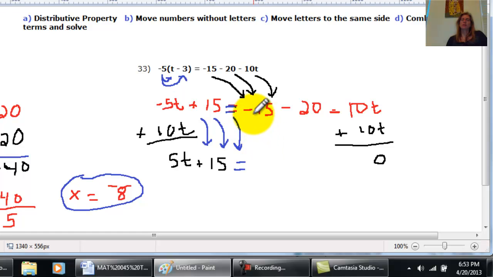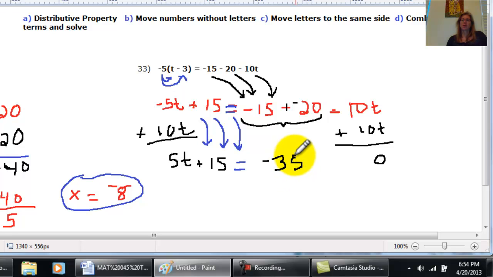And before I go ahead and write negative 15 minus 20, I can actually combine those terms. So it's a negative 15 minus a 20, so we add the opposite. So you have two negatives, so you add the numbers, which is 35, and when you add two negatives, you get a negative, so it's negative 35.